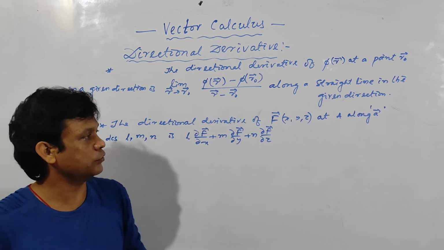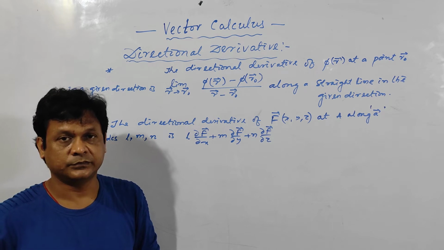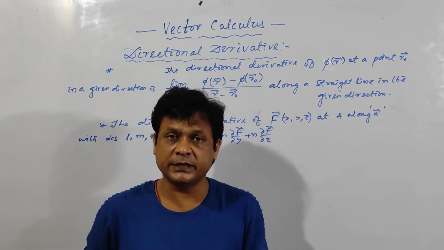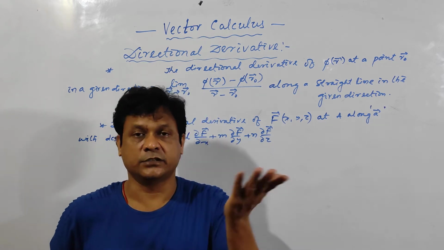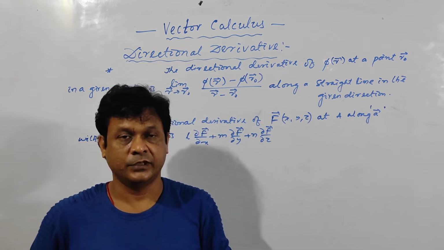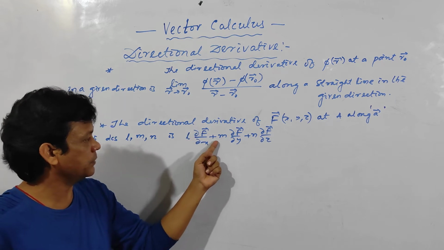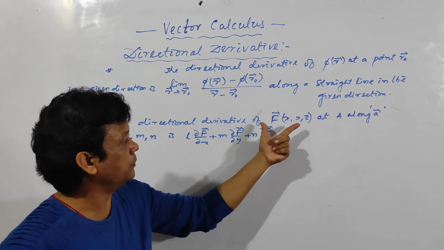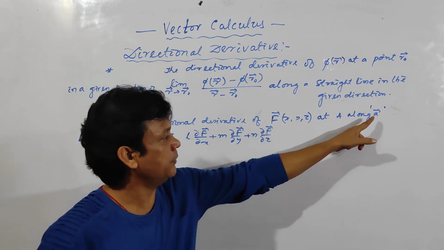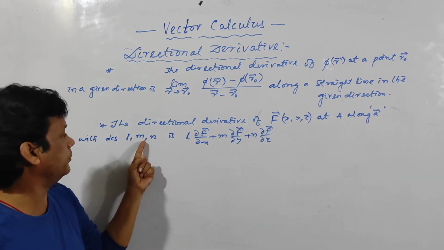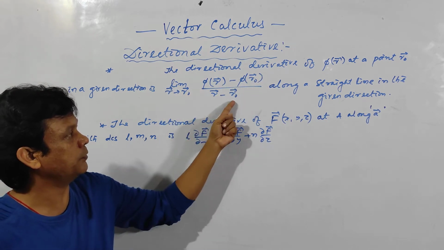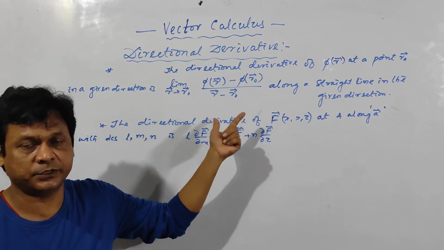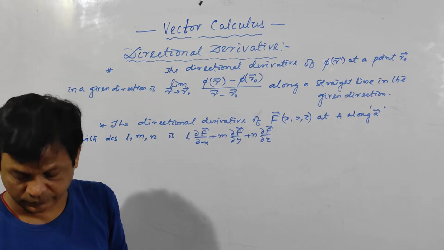And l, m, n are the direction cosines, because direction cosines represent the direction. So this is the directional derivative of the vector point function along a vector whose direction cosines are l, m, n. And the earlier one is the directional derivative of a scalar point function. Clear? So these two are the definitions of directional derivative of a scalar point function and vector point function.